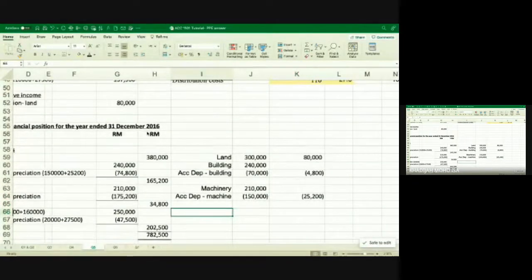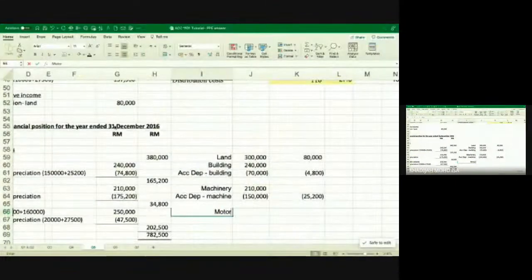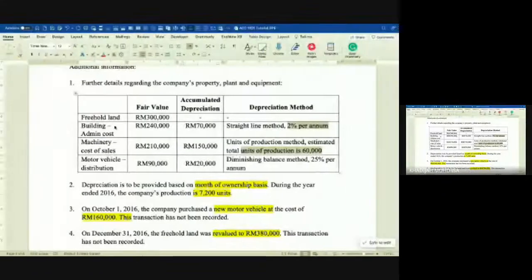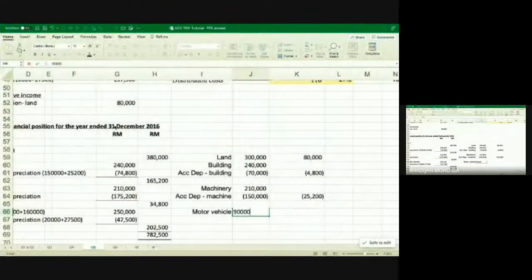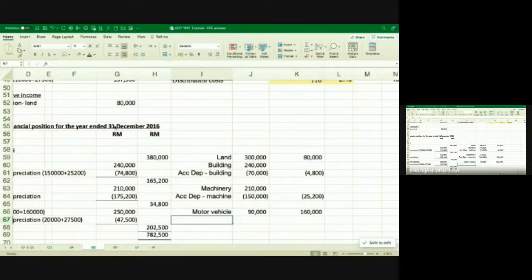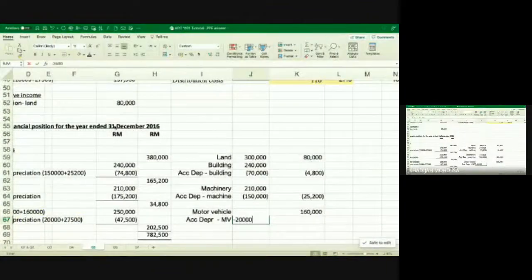And then what else you have? Motor vehicle. Initially, how much is the initial? You have 90,000, and then you purchase another 160,000. What about your accumulated? For your motor vehicle, initially it was minus 20,000.